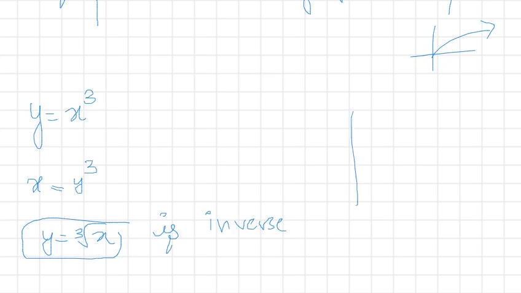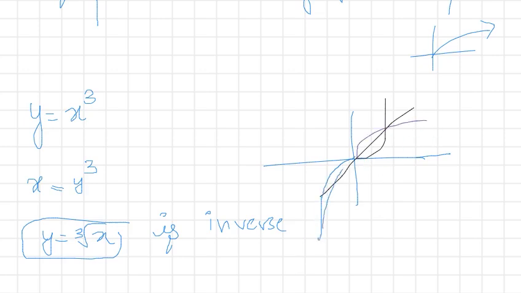So can you draw y equal to x cube here first? y equal to x cube. And then cross this line. Let's see the entire graph of y equal to x cube.